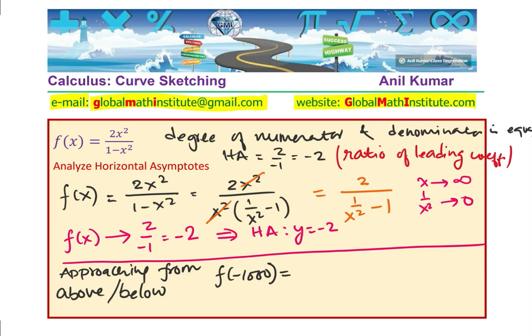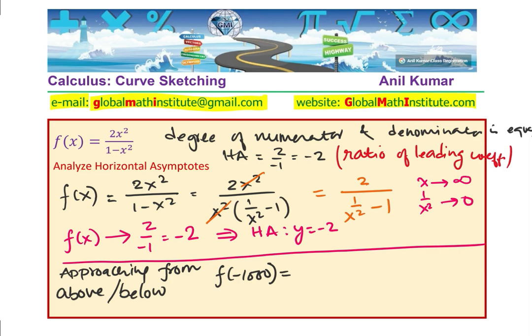So it is 2 times 1000 times 1000, divided by, within brackets, 1 minus 1000 squared. Bracket close, equals. And the decimal value which I get is minus 2.002.